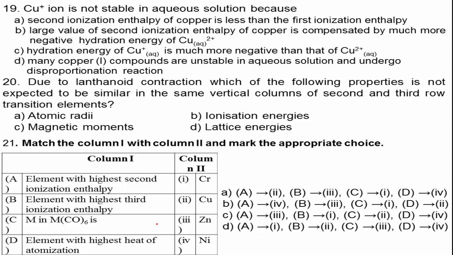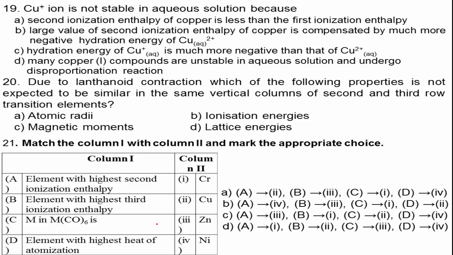Yes, students, in an aqueous medium, Cu2 plus is more stable than Cu plus. This is because although energy is required to remove one electron from Cu plus to Cu2 plus, the high hydration energy of Cu2 plus compensates for it.